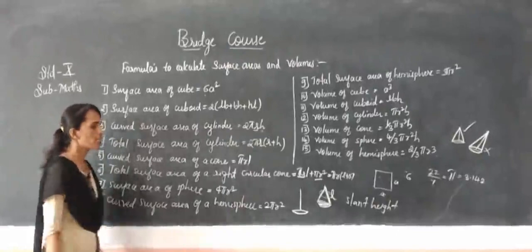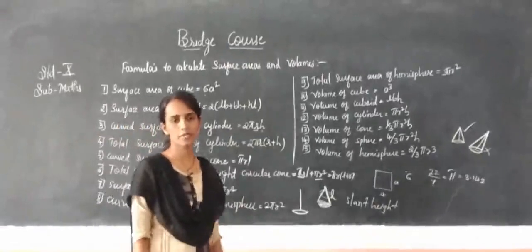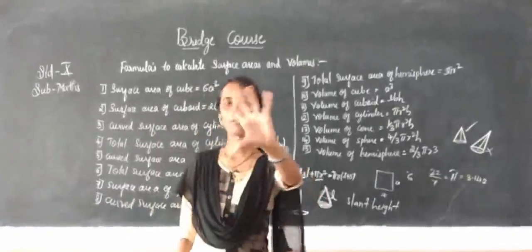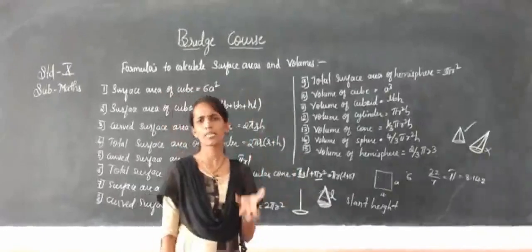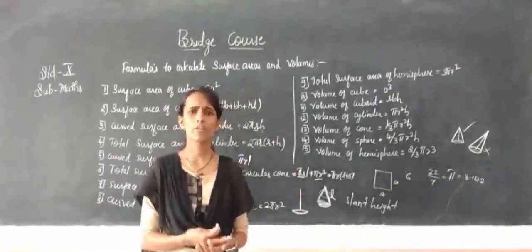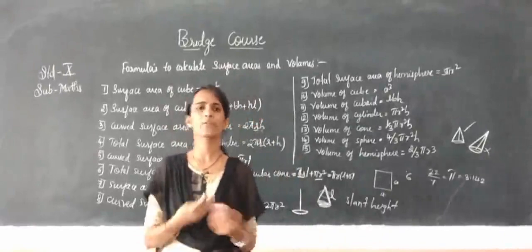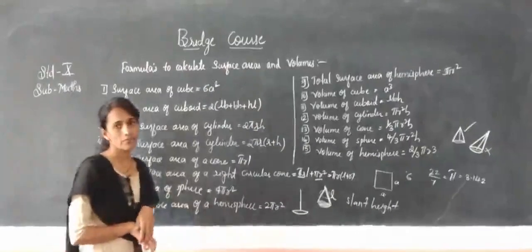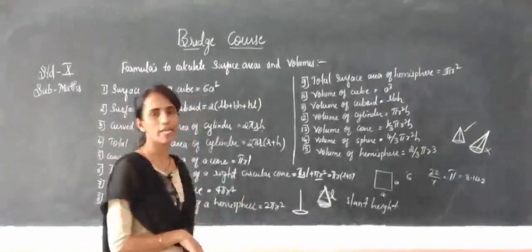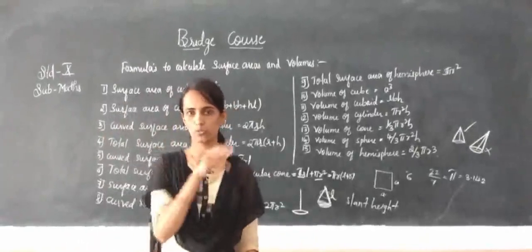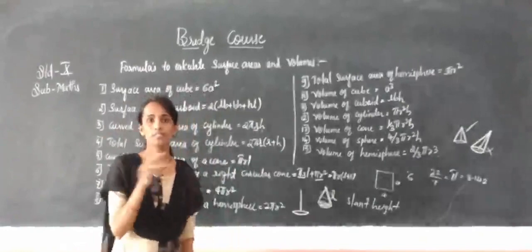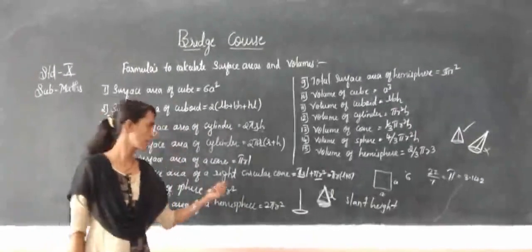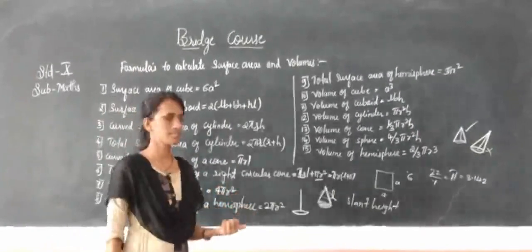So next one, surface area of the sphere. A good example is your ball. Whether it is a cricket ball, football, or volleyball, whatever ball you are playing with, all are examples of a sphere here. So what is the formula to calculate the surface area of the sphere? That will become 4 pi r square, because in 4 directions we can measure the area of the sphere.